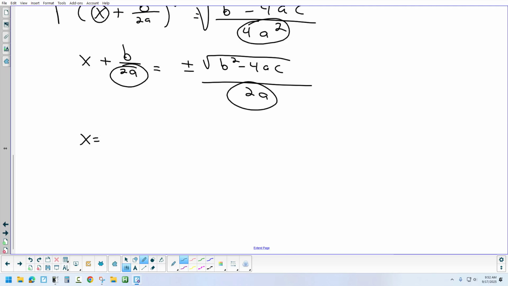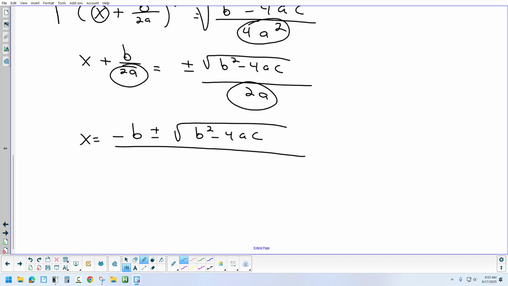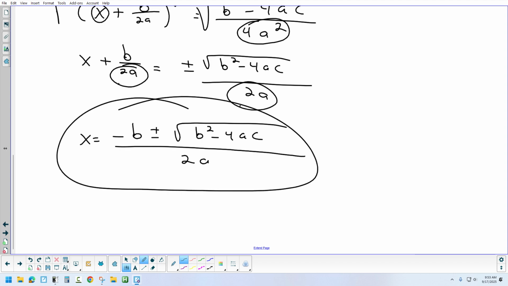So negative b plus or minus square root of b squared minus 4ac, and all of that is over the denominator you had, 2a. There you go. So by completing the square with a generic quadratic, you get the quadratic formula.